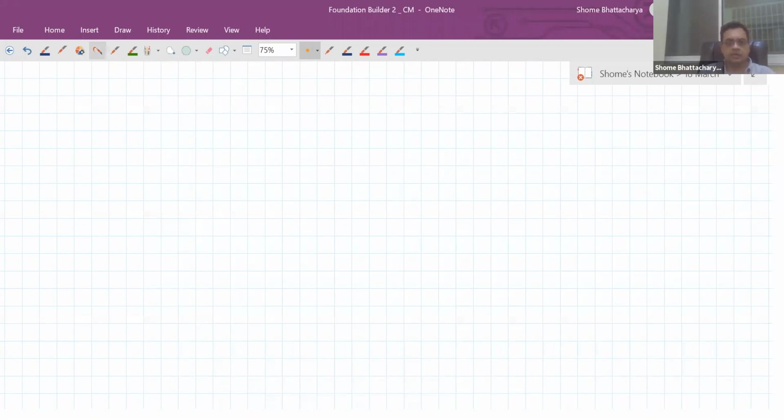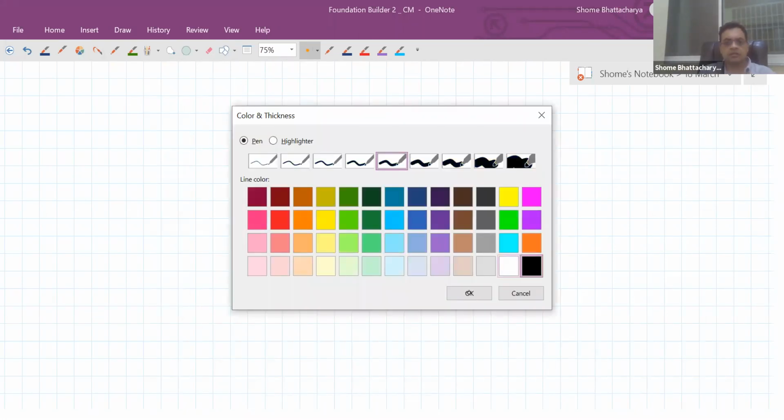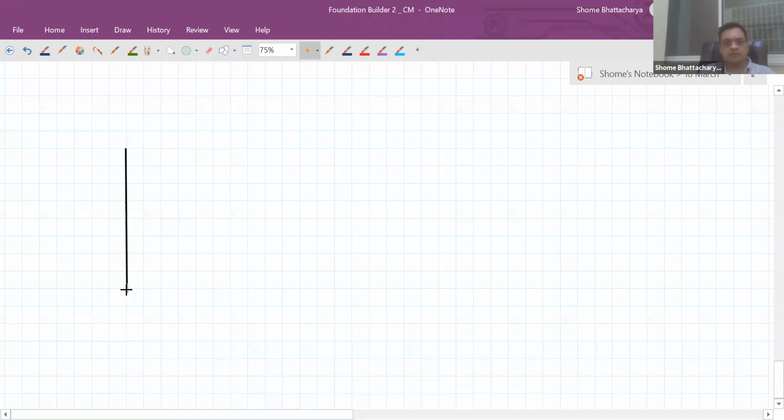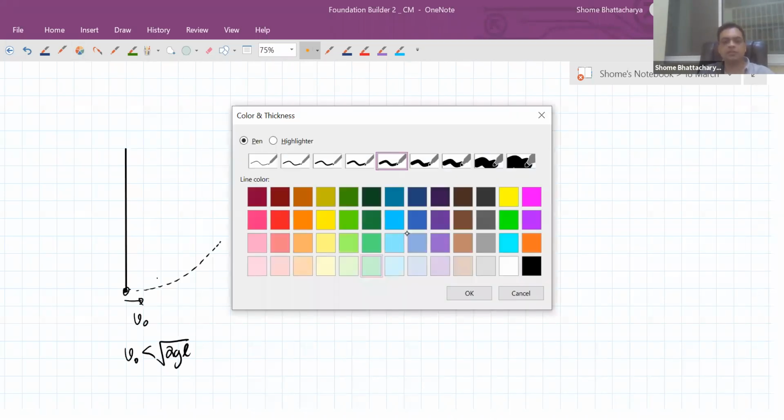So first case, if we give an initial velocity of less than root 2gL, then what will happen is that the particle will behave like a pendulum. It will come to some maximum theta here and stop.